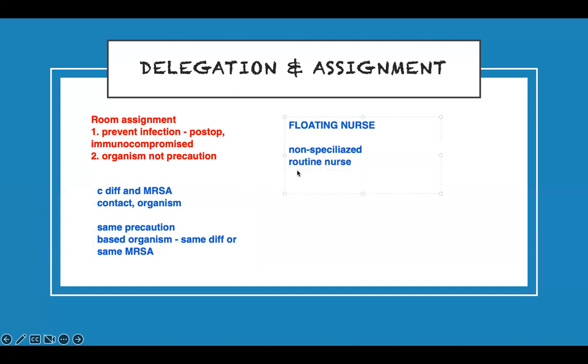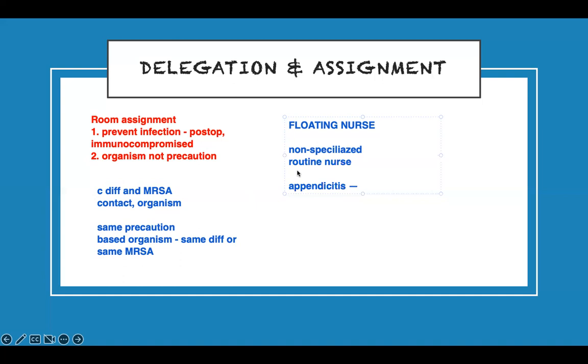So somebody has appendicitis and he's going home, and then the OB nurse comes in. You cannot give that patient to the OB nurse, even though the patient is basically non-acute, because she doesn't know any specialized teaching about appendicitis. The patient is going home.